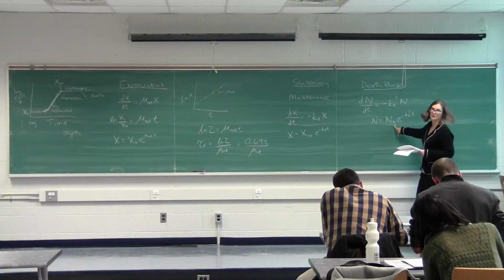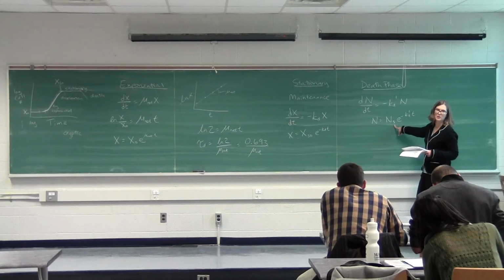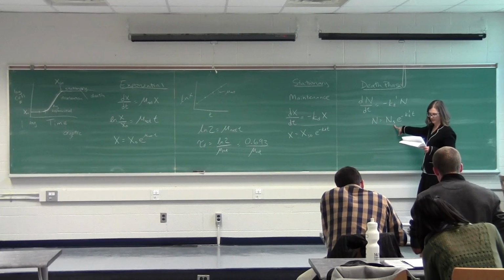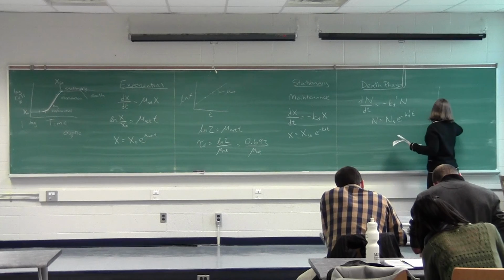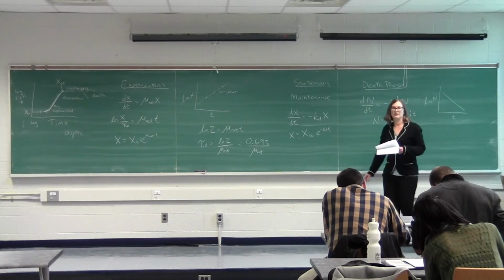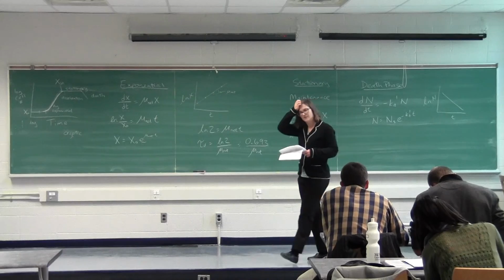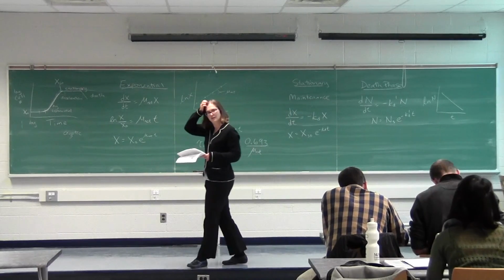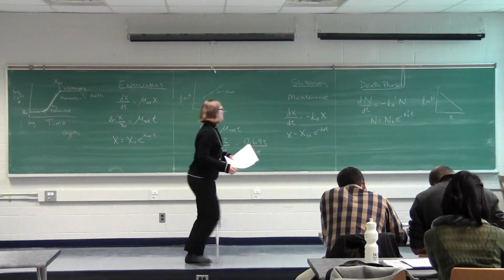So that's the start of the end of the stationary phase. The number at the end of the stationary phase is ns. If you plot ln n versus t, you've got a straight line with a slope of minus kd prime.